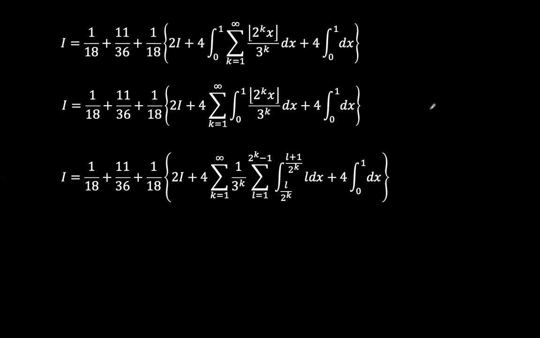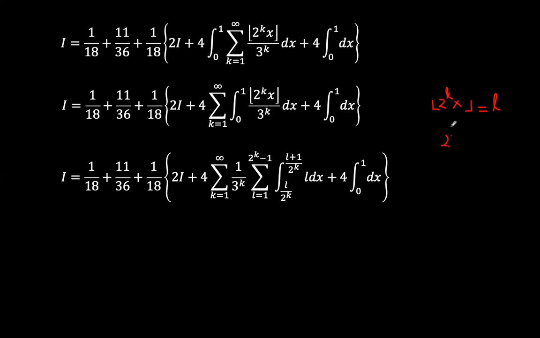So initially we say that if we are thinking of 2^k x is equal to L, right?